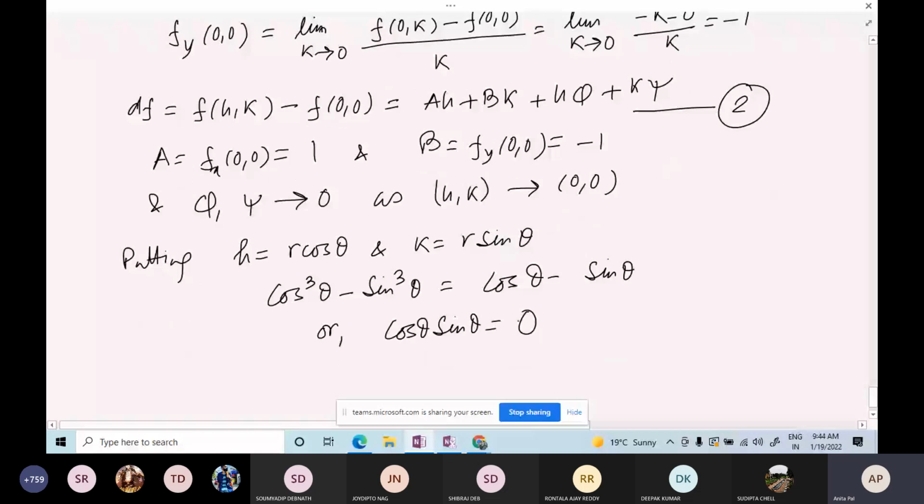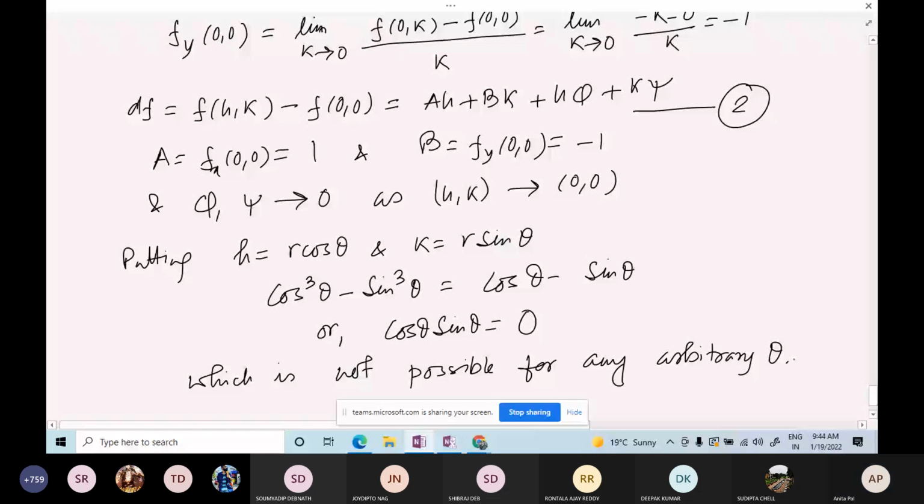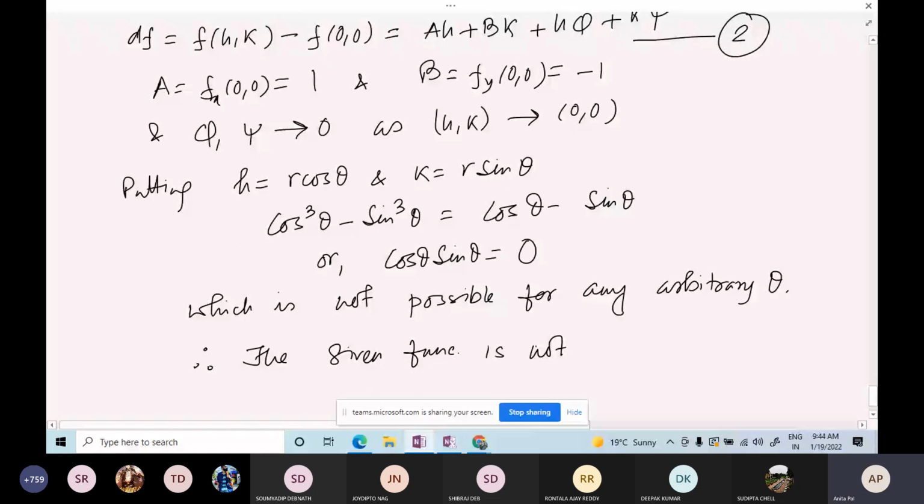So we'll conclude, therefore, the given function is not differentiable at 0, 0.